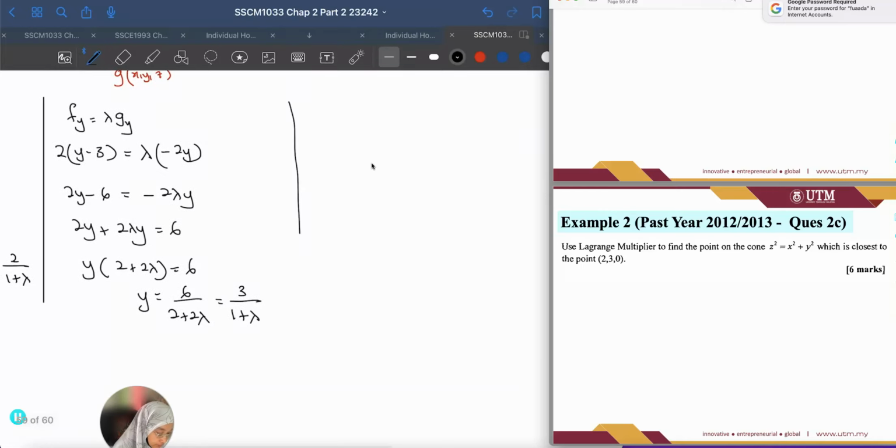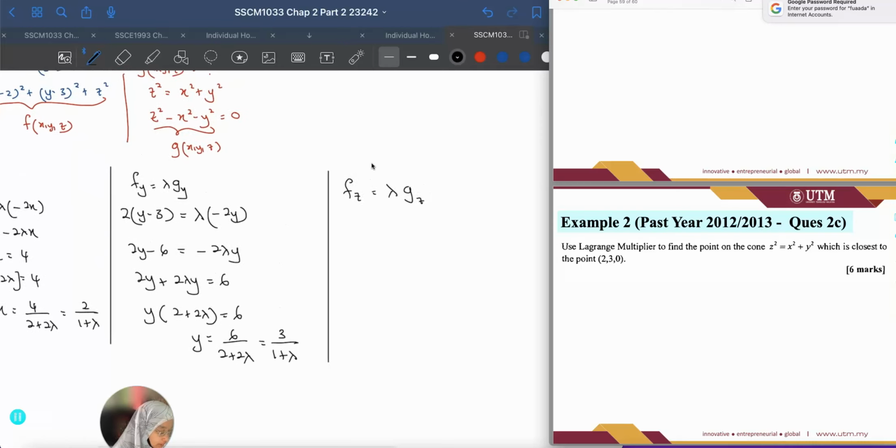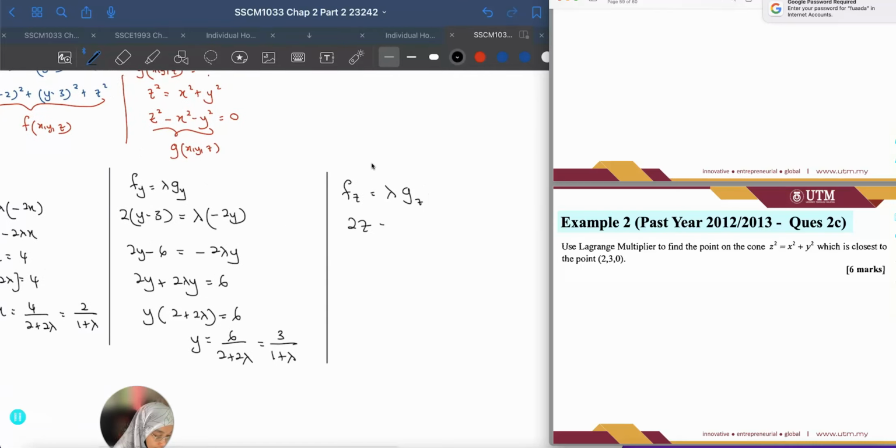Okay, and then we go to the third component, fz equal to lambda gz. Fz is 2z, gz is negative 2z, lambda times that. So 2z minus 2 lambda z equal to 0.